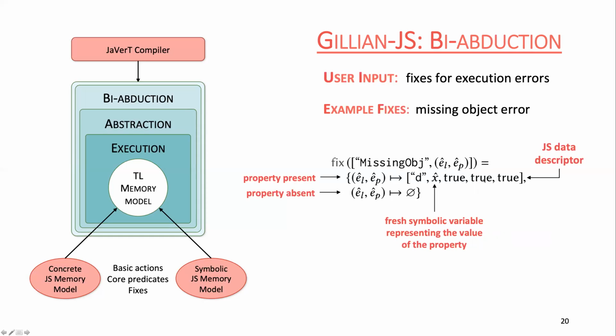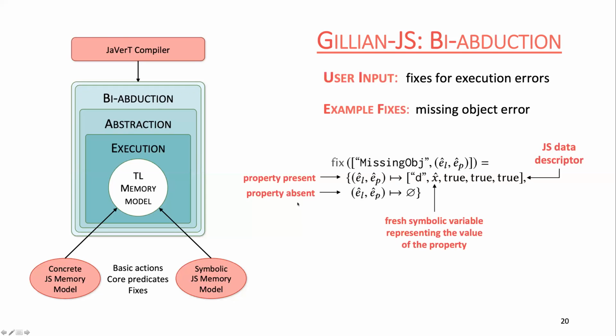And for those of you who know about JavaScript, the values are data descriptors, and we have a symbolic variable corresponding to the value of the property. One would have different things given the different types of memory one's after, but the key point is that we're working with these fresh symbolic variables standing for possible values.